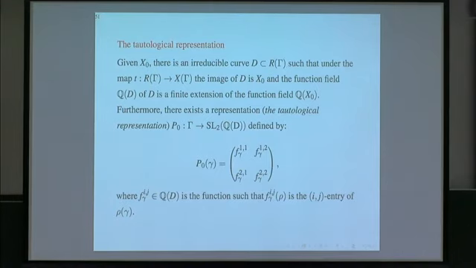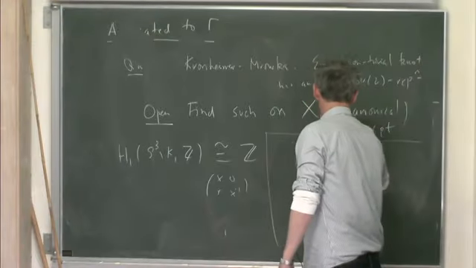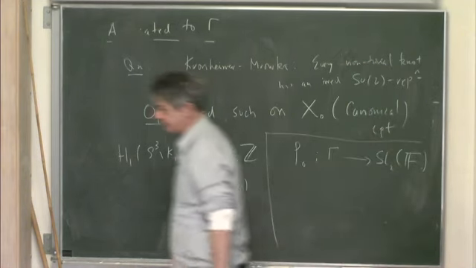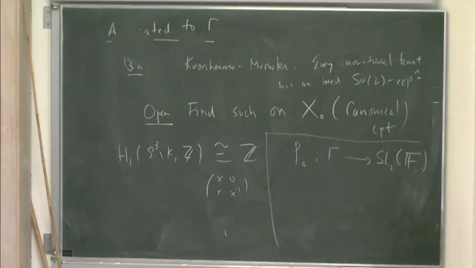Now, in the same way that we built the quaternion algebra for a group Gamma, we've got this tautological representation that I'm calling P0, which takes Gamma into SL2 of some function field. The thing to notice is that the trace of this is just the character of rho evaluated on gamma. It turns out, again as a simple exercise, that on the canonical curve, P0 is a faithful representation of the group into this SL2.